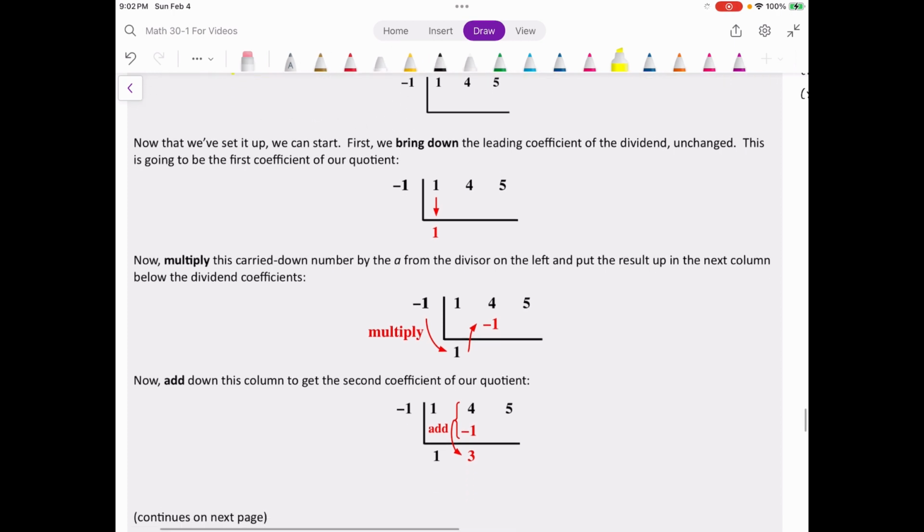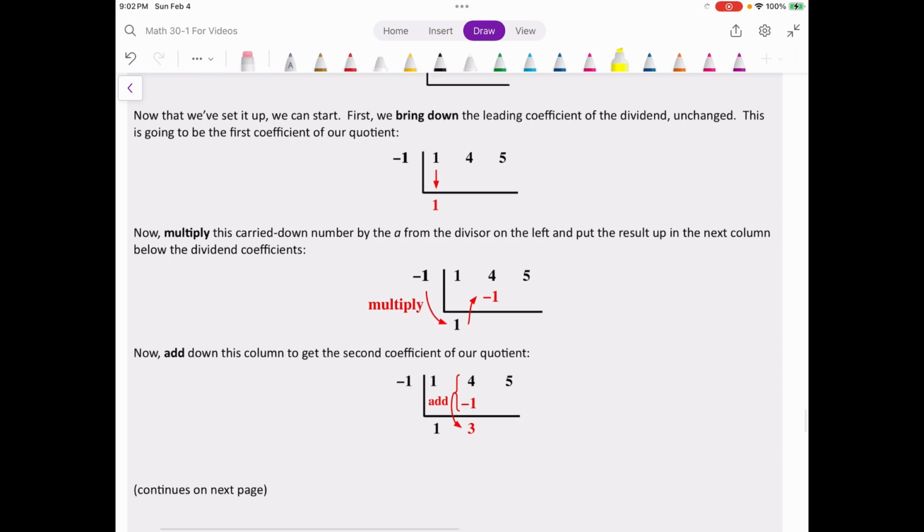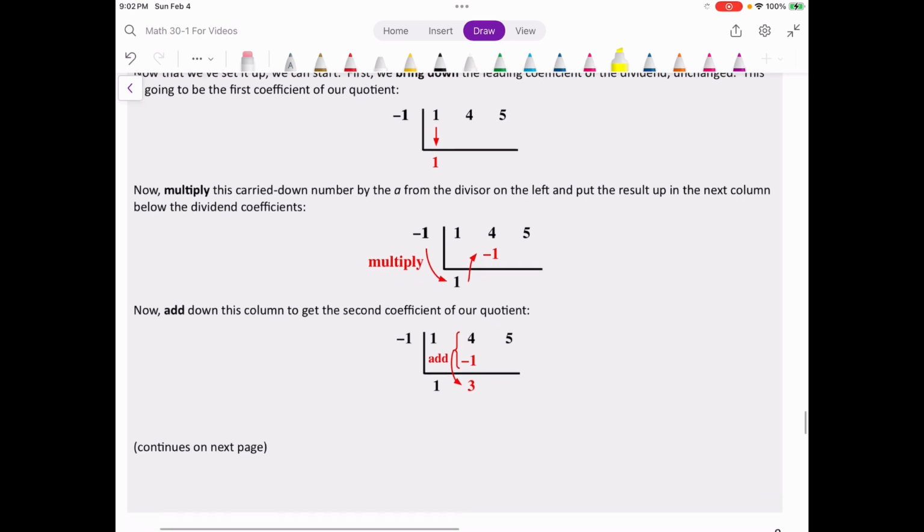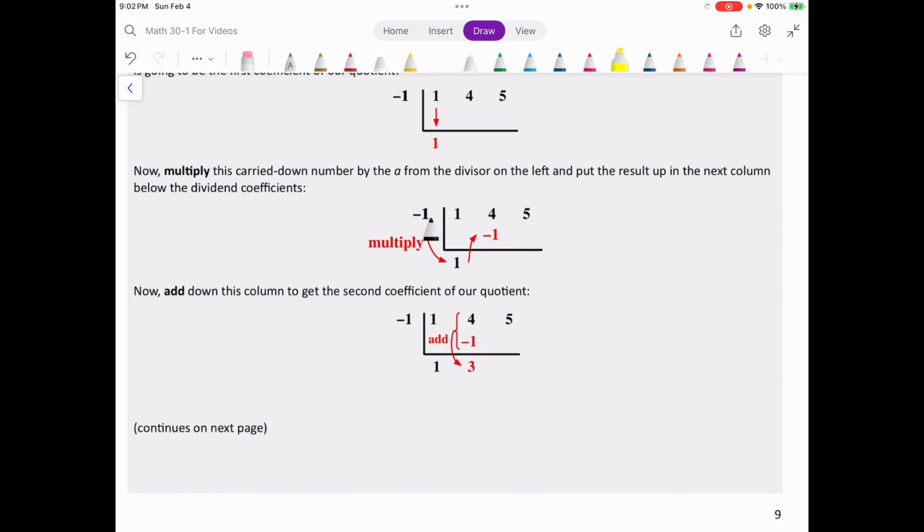From here we go, okay? We always are going to do the same thing first. We're going to bring this number down. So I'm going to bring down that 1, put it there, okay? There we go. Step 1, done. Now we multiply that by our a value that's sitting here to the left. So we're going to do negative 1 times 1, which is negative 1.